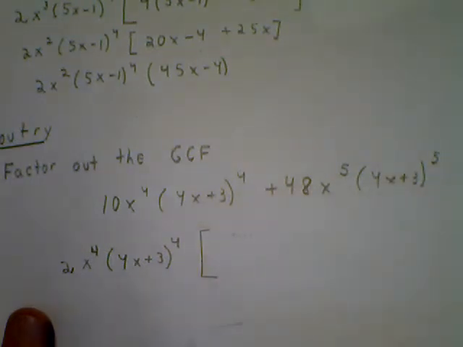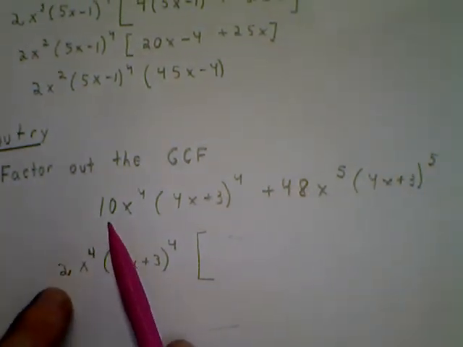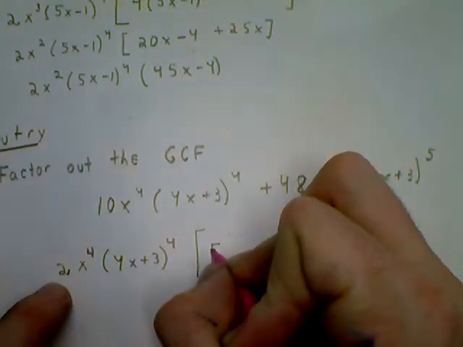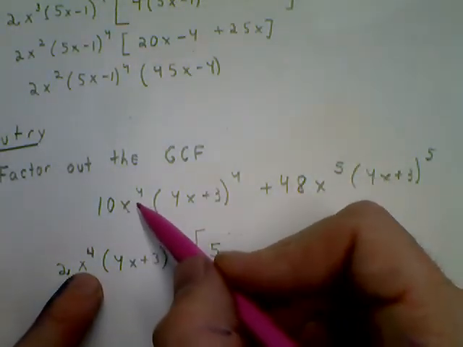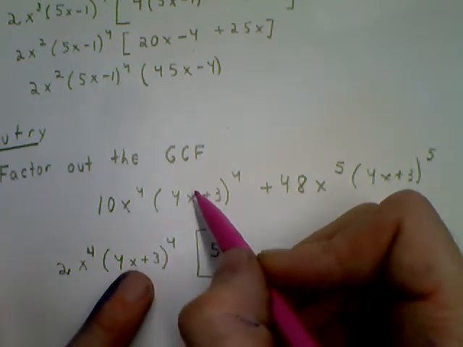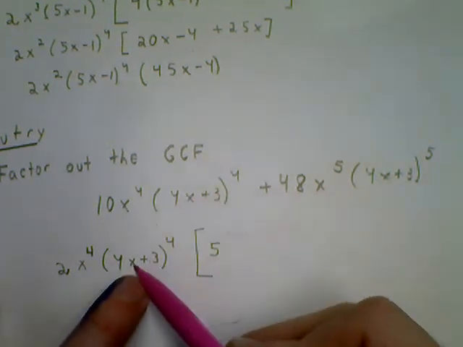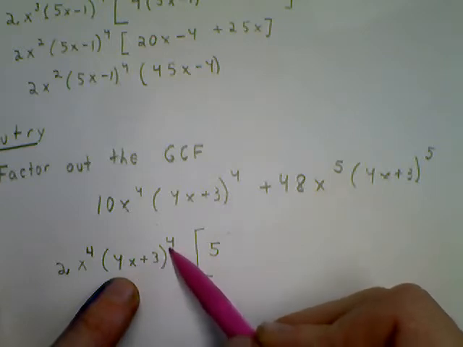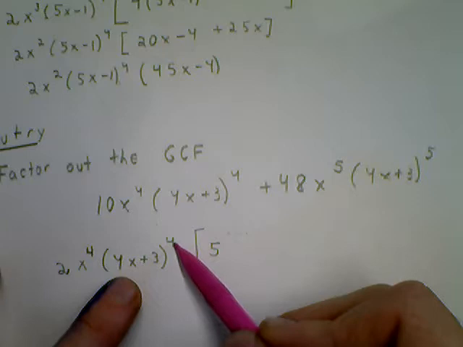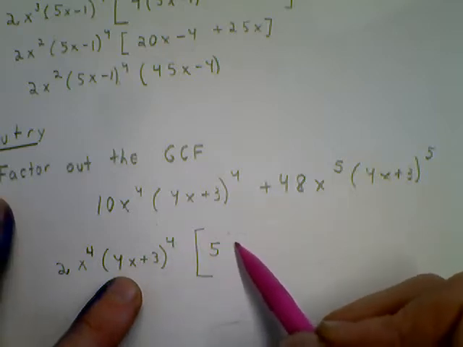Now, let's go term by term. If I take 2 out of 10, I'm left with 5. X to the fourth out of x to the fourth, I'm not left with any x terms. And then when I take 4x plus 3 to the fourth out of 4x plus 3 to the fourth, I'm not left with any terms.